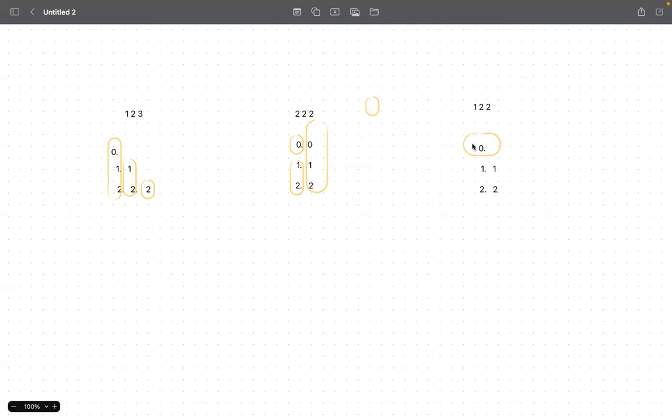So think about it, how you can greedily distribute these numbers. Let's see these two only.